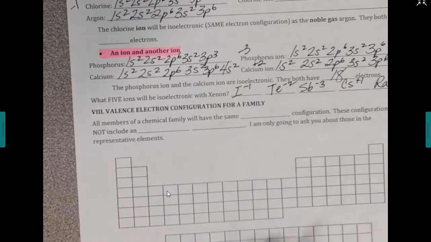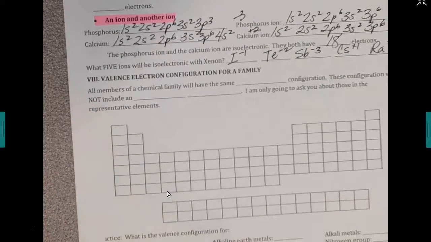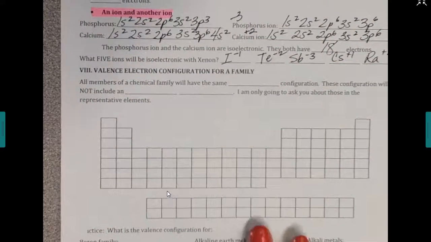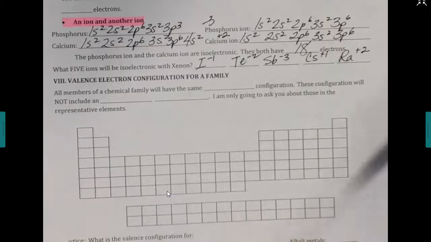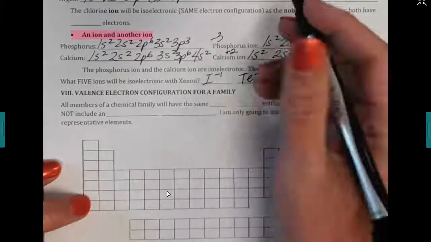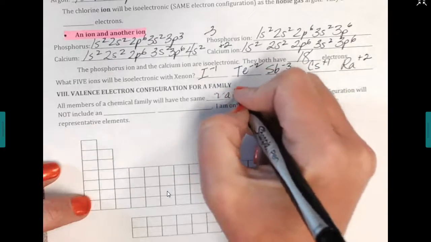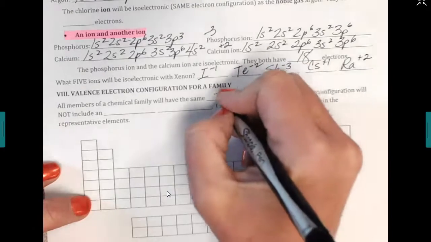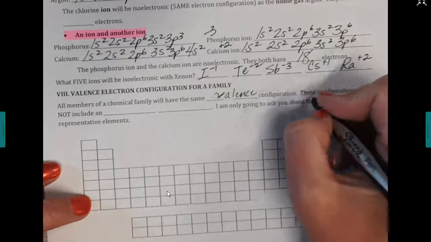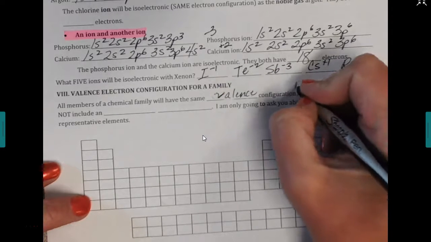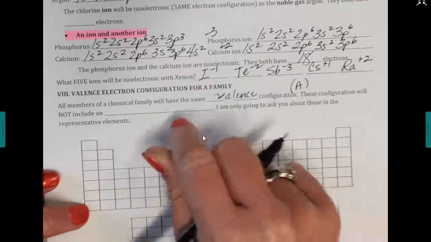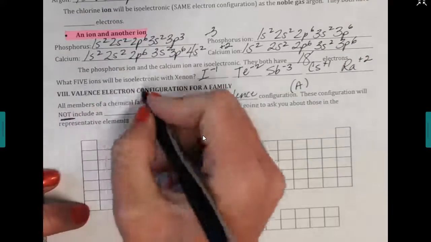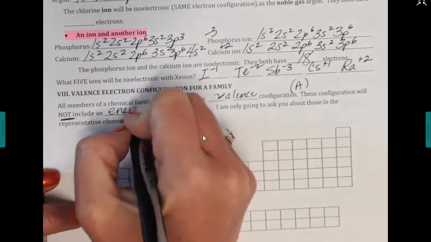All right, the last thing I'm going to talk about right now is the valence electron configuration for a family. All members of a family will have the same valence electrons. And we look for those by the A at the top. These configurations will not include an energy level.